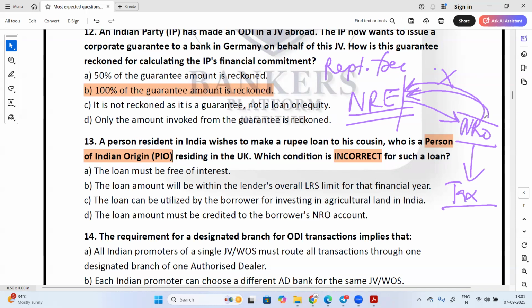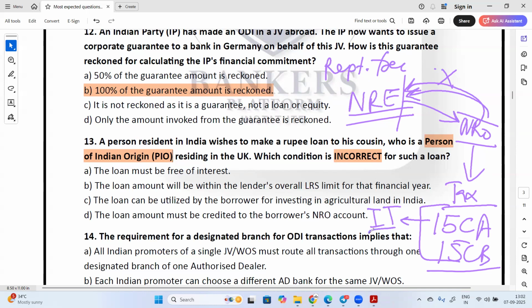In some cases, we can transfer the NRO amount to NRE, but in that case, we have to take Form 15CA and 15CB. And what is that? I already discussed it in a previous video also. 15CA is the declaration on the income tax website that whatever money is lying in the NRO, whatever money he is sending abroad, all the taxes are paid on that.